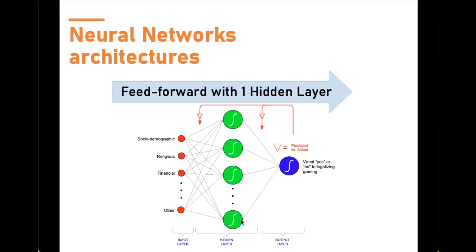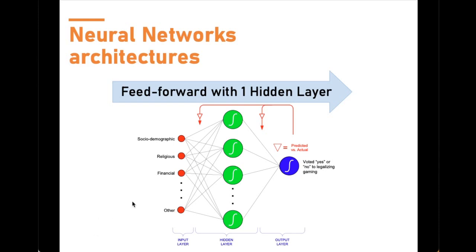So we are using data in which we know the social demographic combination of the inputs and the outputs, and in this way this neural network learns and improves its prediction. So it learns by mistakes and then improves the predicted outcome.